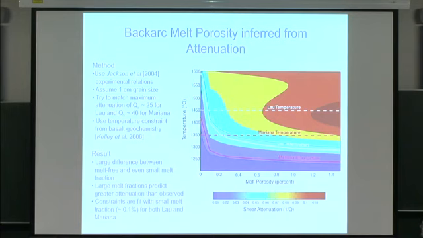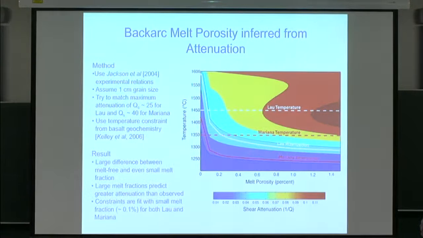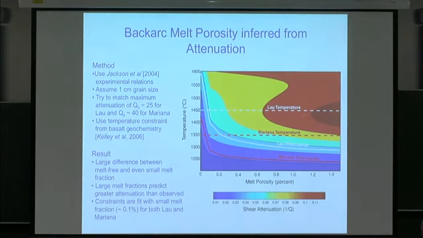We observe a shear Q of about 25 for the Lau Basin and 40 for Mariana, and those are shown here as the white line for Lau and the red line for Mariana. We also know the temperatures from petrology, about 1450 for Lau and 1350 for Mariana.